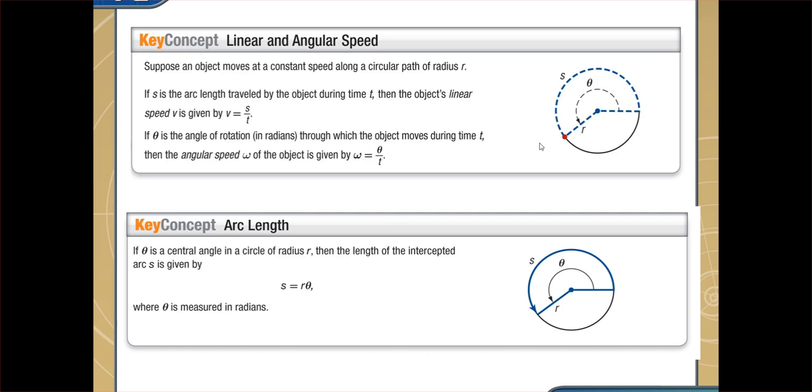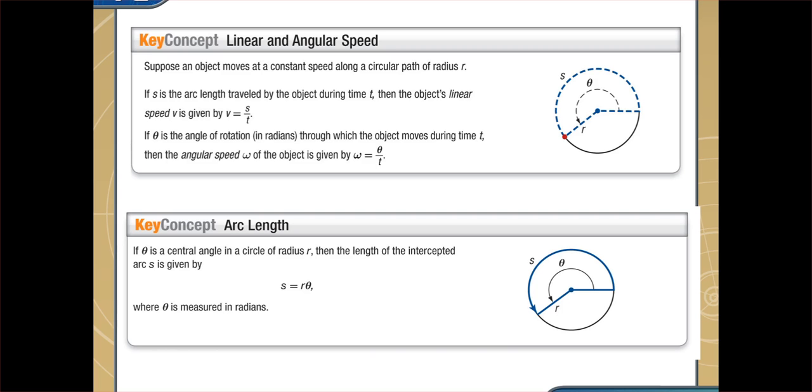Next, let's move on to the angular speed. So if theta is the angle of rotation in radian, theta must be in radian, through which the object moves during time t, then the angular speed equals the ratio of our radian over time t.